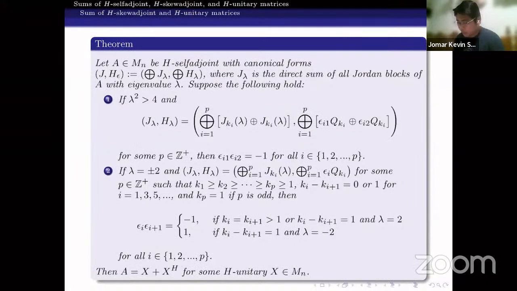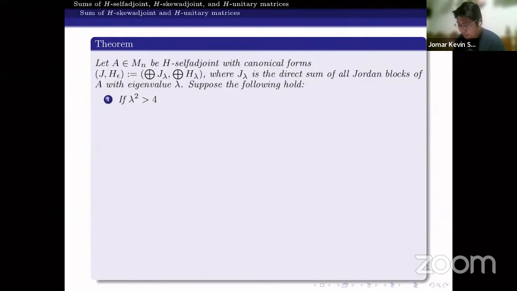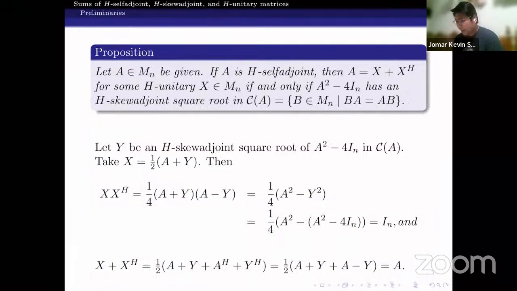Ito po. So dito po sa theorem, di ba, meron tayong conditions para masulat ito, no? X plus x to the h. Pero, ito kasi nanggaling siya dun sa proposition. Tapos sa proposition po naman, ito yung pinili natin na x such that this is true.